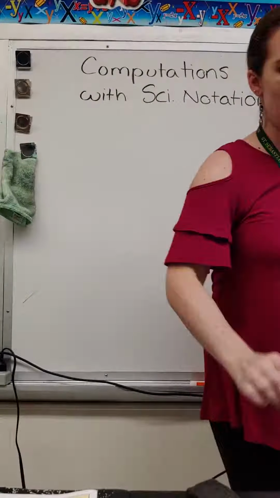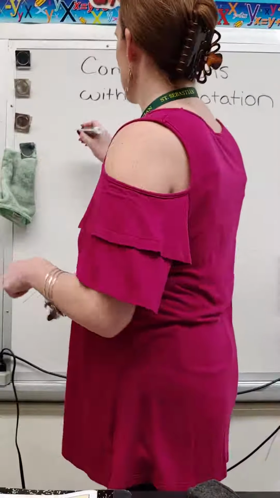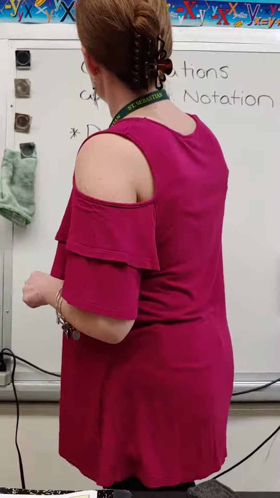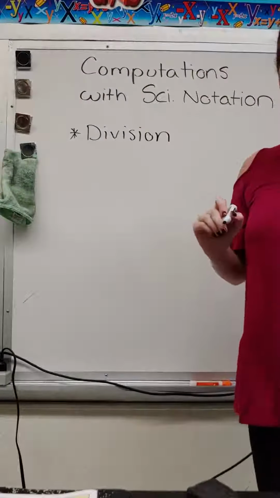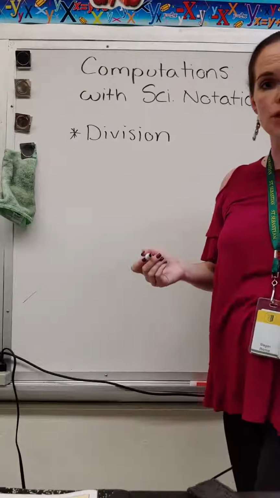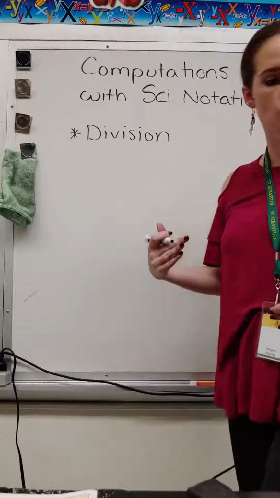When you are dividing with scientific notation, so we're going to do division, scientific notation with division is really the same as multiplication, but now we're using our division rules.